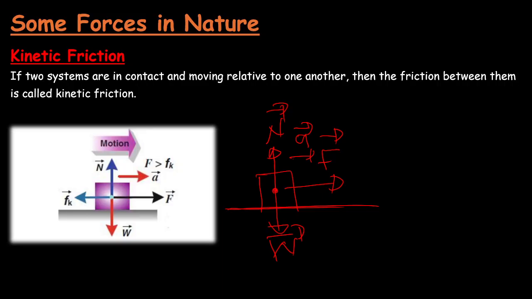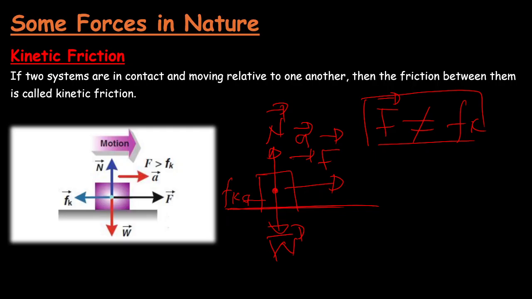Then this block will experience some friction, which will be in opposite direction. Now this friction will be kinetic friction since we have some motion. The object is what? Accelerating. Therefore, the pulling force is not equal to the kinetic friction since we have some motion. Okay, this implies that the pulling force is greater than what? Kinetic friction.